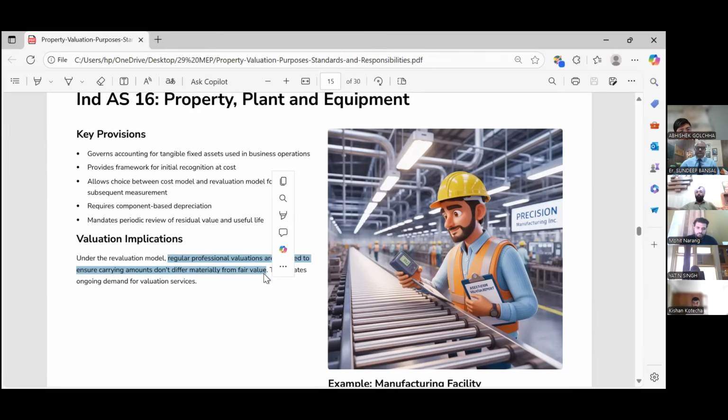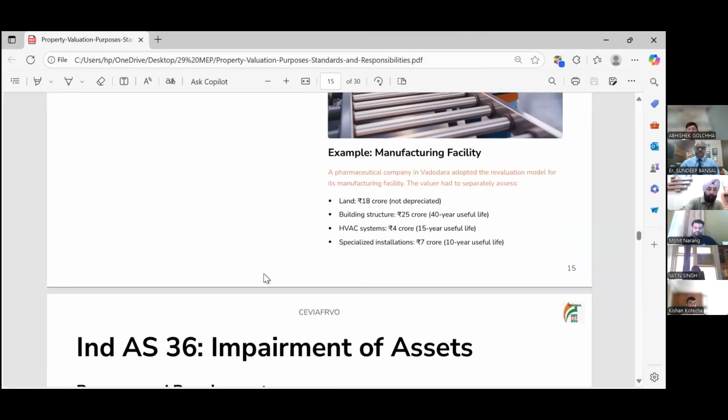So what is the carrying amount? This is the amount which is in the books of accounts of a company. So the aim is that there should not be much difference between the value in the books of accounts of the company and the fair market value of the assets. This is what Indian accounting standard 16 says.